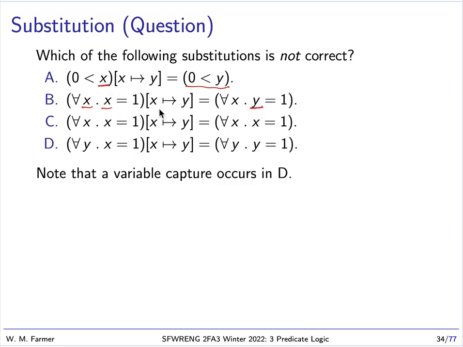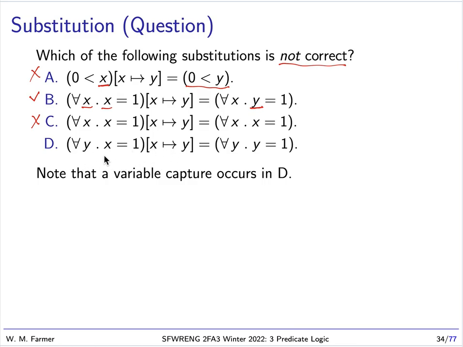So actually this is an improper substitution. We're replacing a bound x with y. So this is an example that's not correct. These are correct. If we look at this example, it's exactly the same, but this is correct. And remember, we're looking for not correct. This substitution was done correctly. B was not.